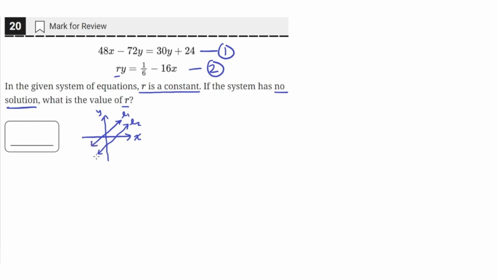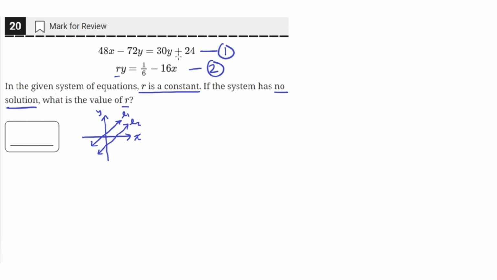So these two lines will never intersect, which means they have no solution. So after we plug in the value of r, we need to find a value of r such that the slopes are the same on these two lines so that they never intersect, meaning there's no solution.